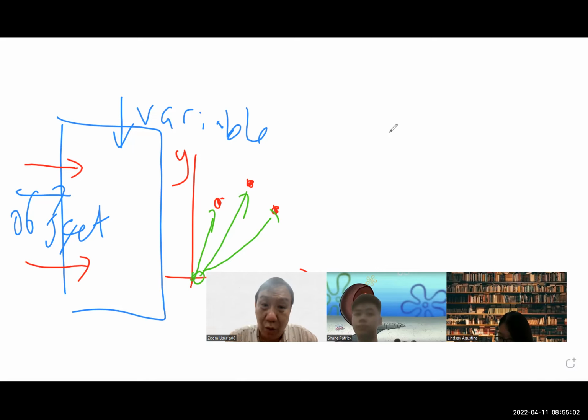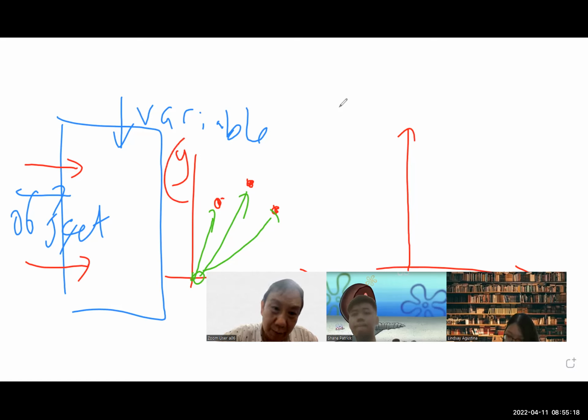Okay. So another way is, instead of doing this, I'm not using the variables as the axis here. Now I have a data table again.